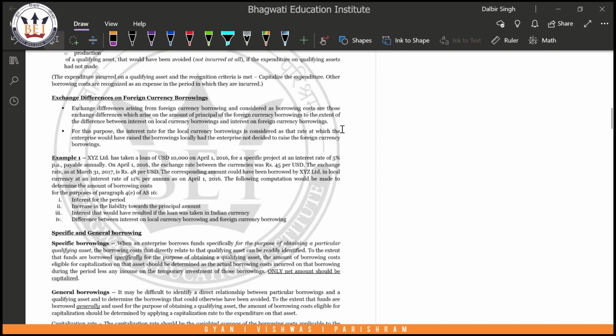Let's get into detail. Now when I'm talking about interest for the period, I have taken a loan in USD. How much is the USD? Dollar 10,000. Now I have to pay interest on this dollar 10,000 at what percent? They've given you 5%, which means my interest for the year is $500.